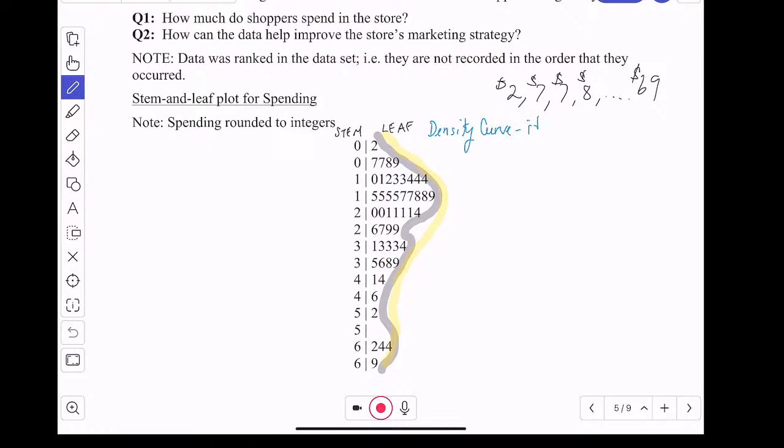A density curve is an idealized version of the distribution, as if you had all the data, what you expect to see.